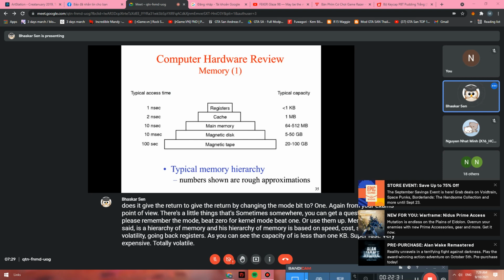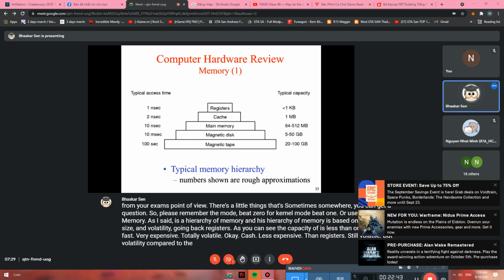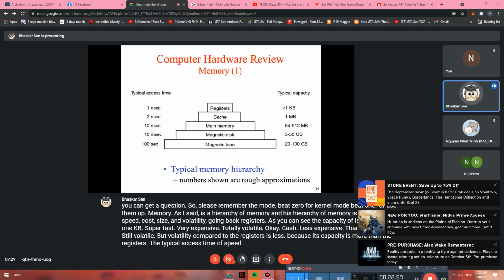Cache is less expensive than registers, still volatile, but volatility compared to the registers is less because its capacity is more than the registers, and the typical access speed is also a little slower.